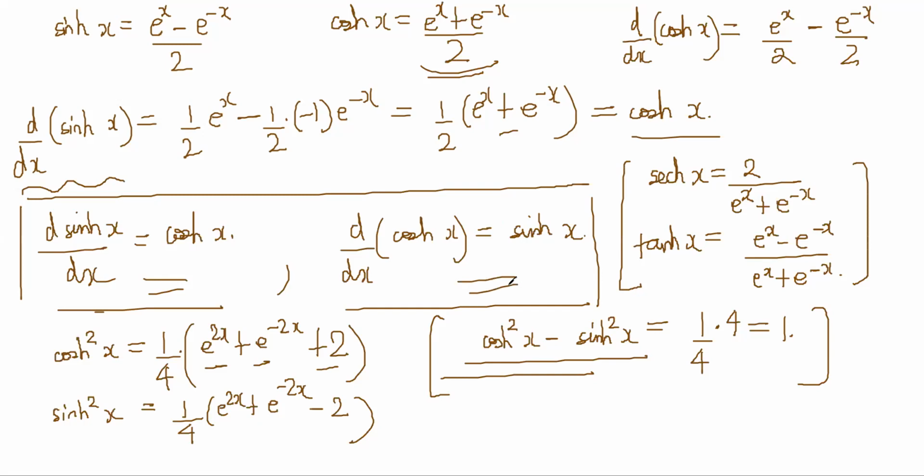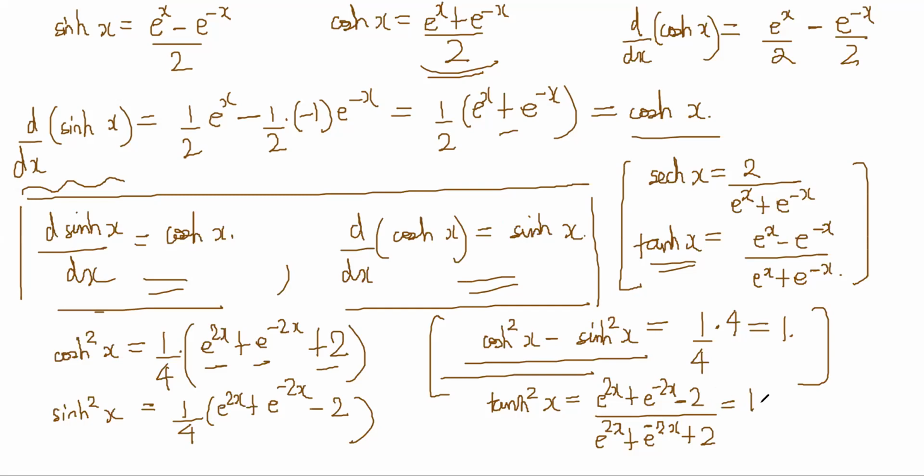So if you do the square of tanh square x, that will be this square by this square. So that will be e power 2x plus e power minus 2x minus 2 by e power 2x plus e power minus 2x plus 2, right?